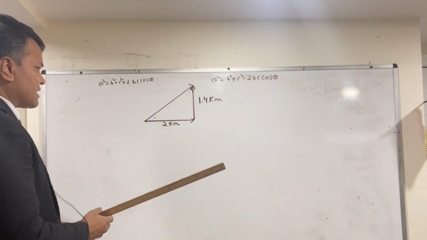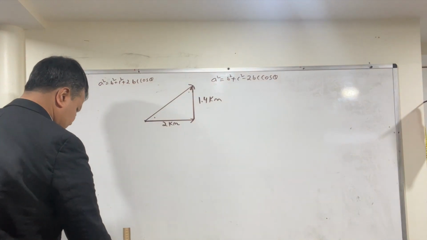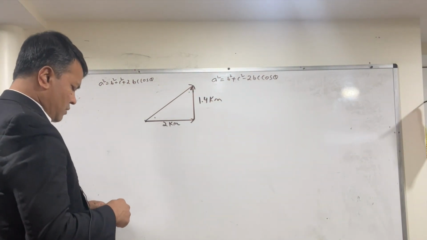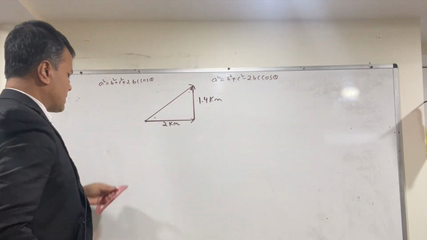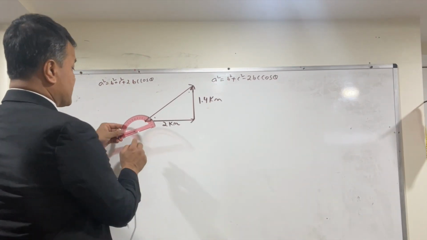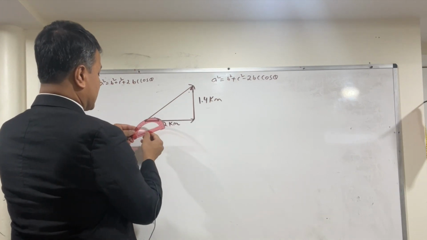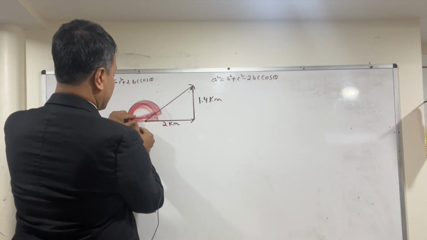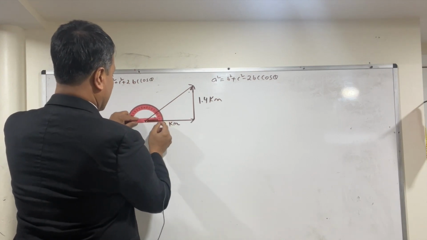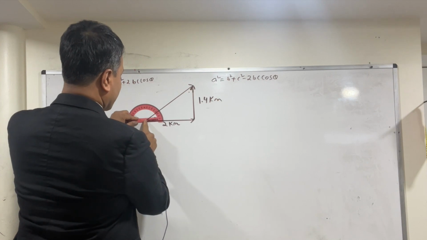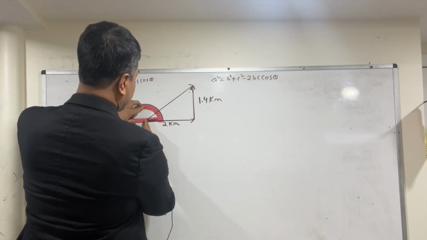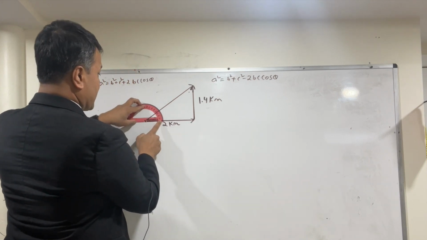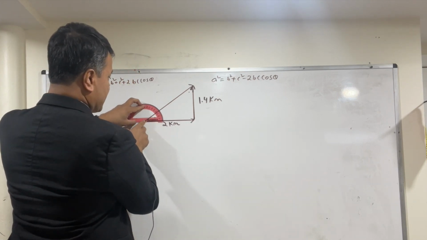So let's find the angle of the resultant by using a protractor. There is a line on the protractor, and make sure you align this to the dot over here. I'm going to align it to the dot over here, and as you see, this is 0, and there is a dot in the middle of the protractor.